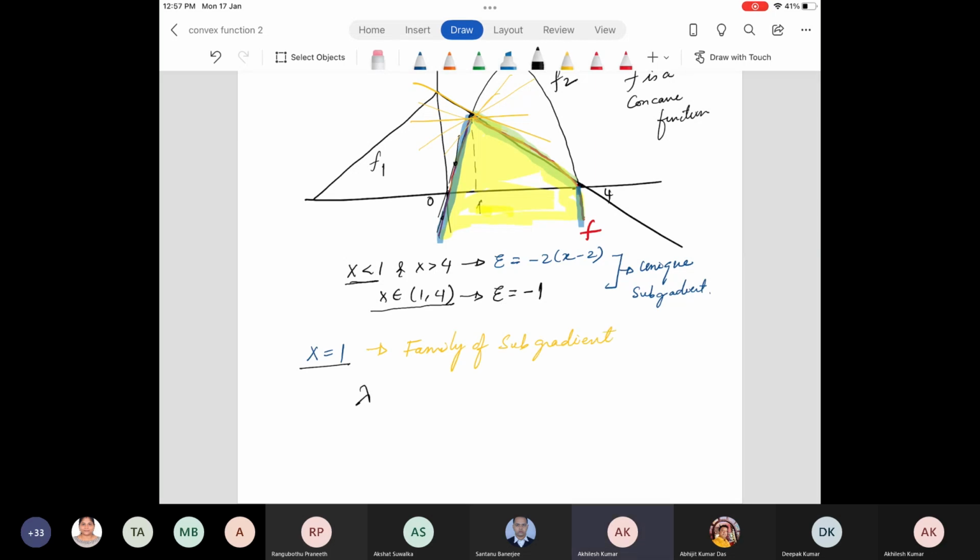We write it as lambda times del f1(1) plus (1 minus lambda) times del f2(1). If you plug in, you will get 2 minus 3 lambda, for lambda belonging to the closed interval [0, 1].